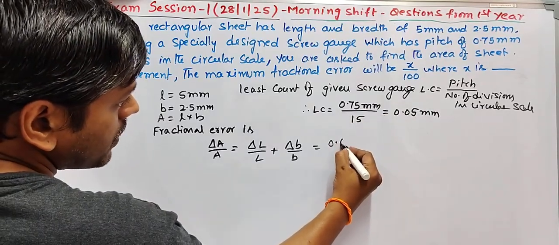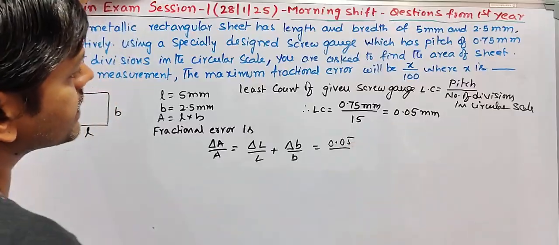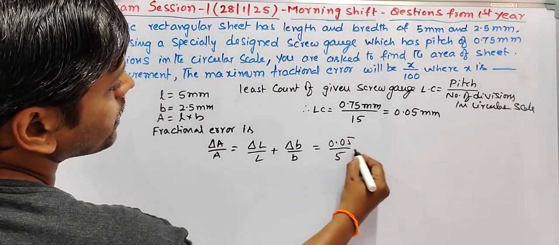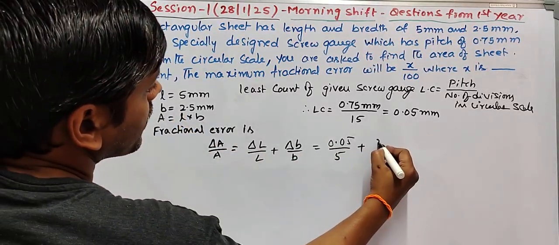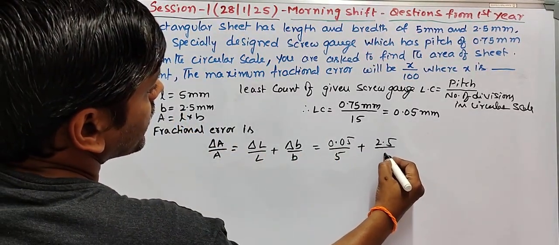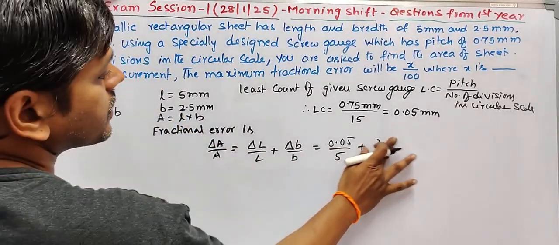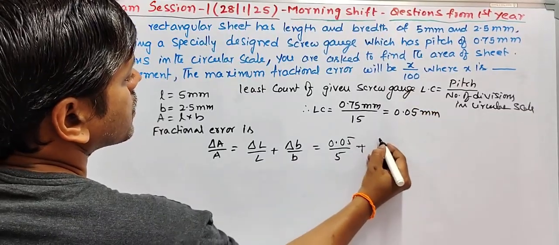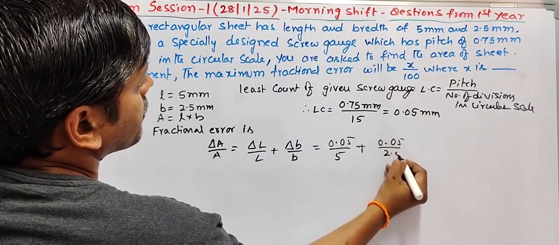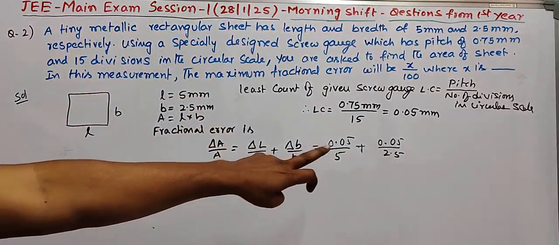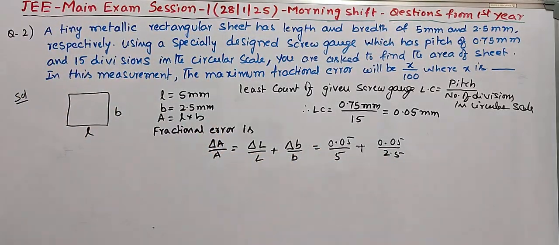That means 0.05 by length. What is the length given? 5, plus what is the breadth? 2.5. So 0.05 by 5 plus 0.05 by 2.5.